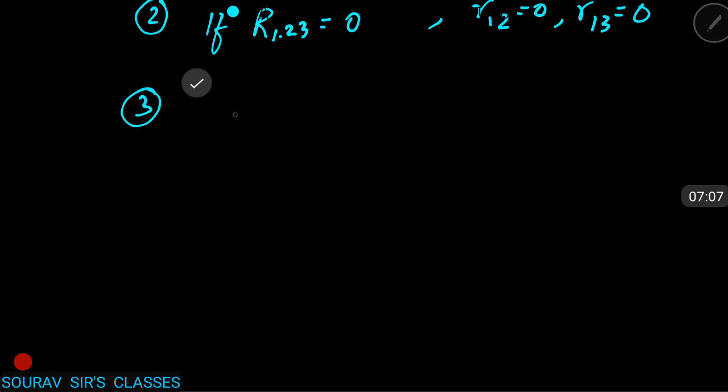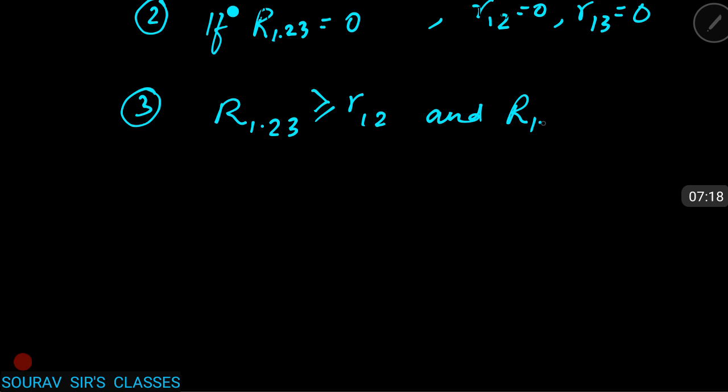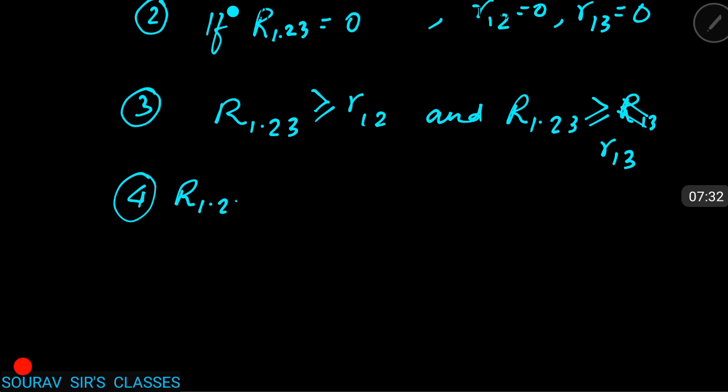Number 3: R1.23 is greater than or equal to R12, and R1.23 is greater than or equal to R13. Number 4: R1.23 is equal to R1.32. The position of the subscript to the right of the dot does not make a difference.